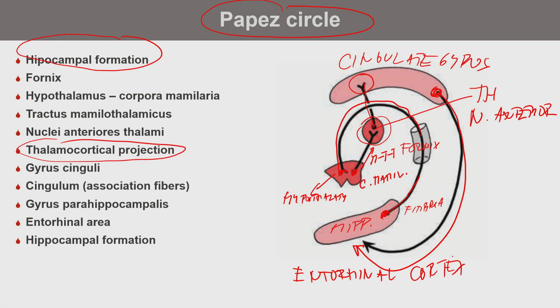You have heard that the entorhinal cortex is the association part of the diencephalon. And then here's a back projection to the hippocampus, to the hippocampal formation. So the circle is a circulation of the information.